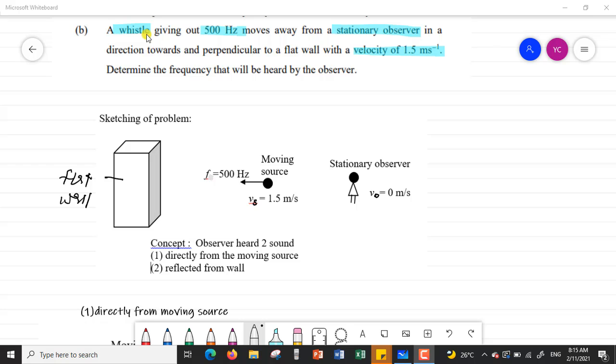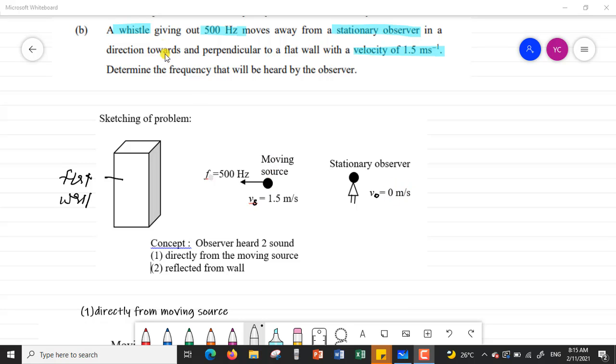And the vessel is moving away from the stationary observer. So I draw the stationary observer here. Stationary observer means the velocity will be 0. So velocity of observer, I denote as V subscript O. Okay, so the value will be 0.